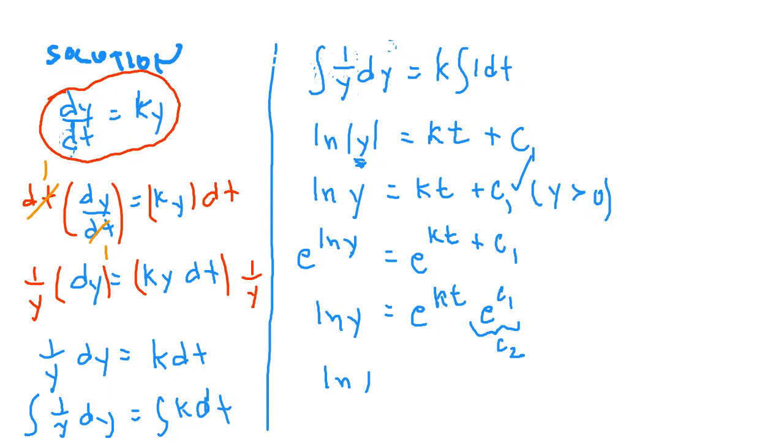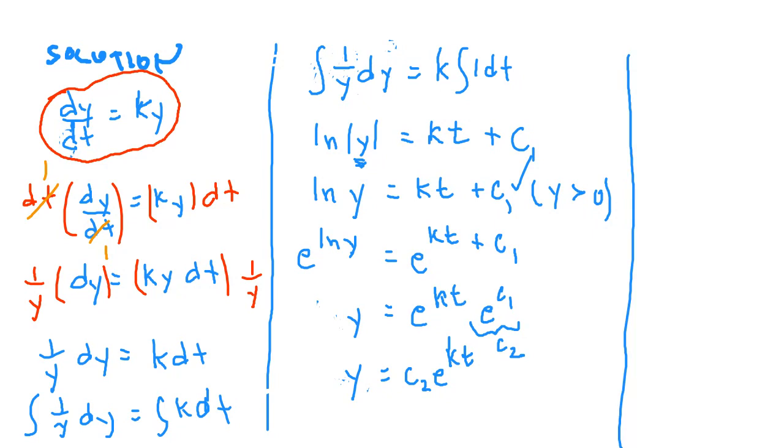There's no log. Let me try to erase it. Sometimes the mouse is better for erasing than the stylus. Okay, so y is equal to C2 times e to the kt power.